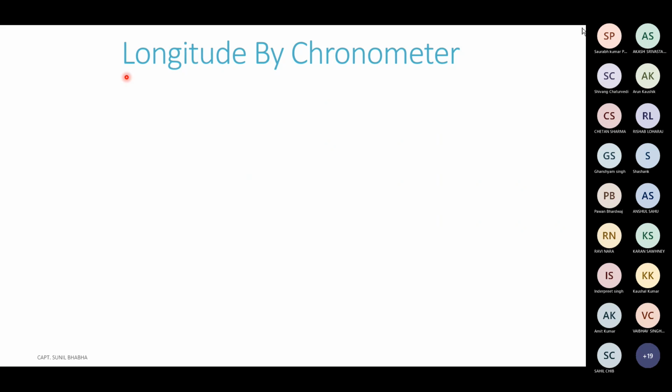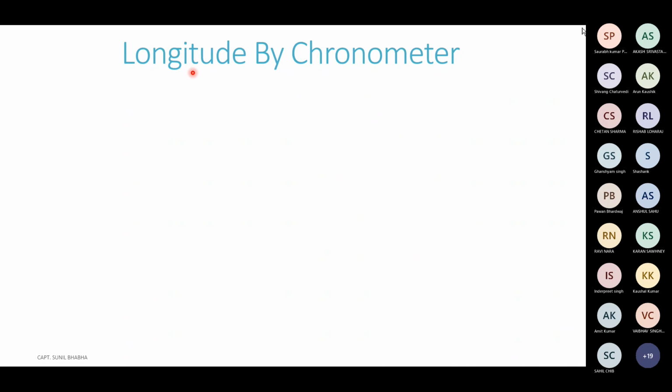Now, if we want to use the body to obtain a position line before or after meridian passage, we need to have some other method. MURPAS cannot be used there. So this is exactly where the next two methods come in. The first is the longitude by chronometer method, and the second is the intercept method. So these are the ones which we are going to discuss now one by one.